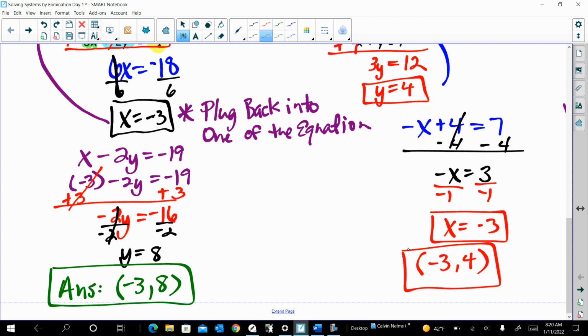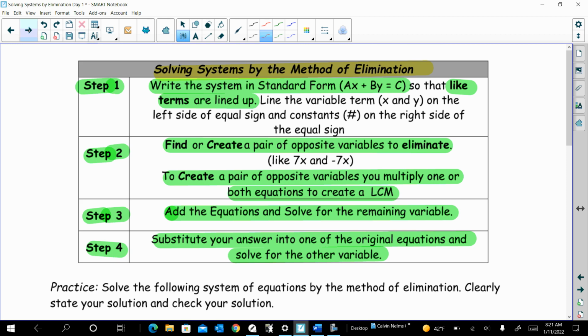All right, flip it over or open it up. Okay, so here are our steps when using elimination. Step 1 says write this system in standard form, which is ax plus by equals c, so that the like terms are lined up.